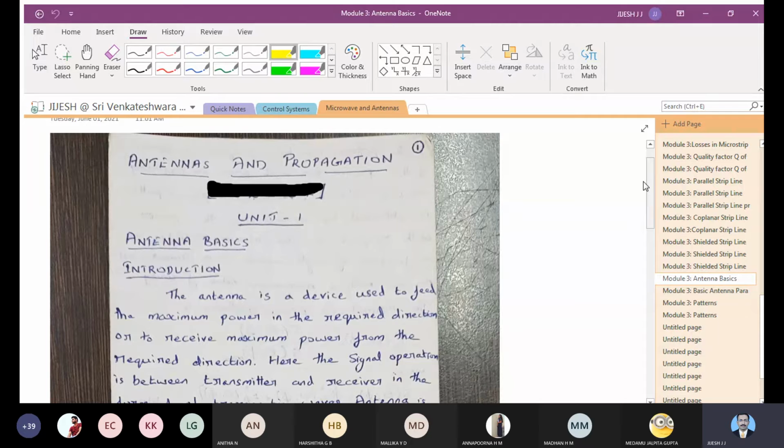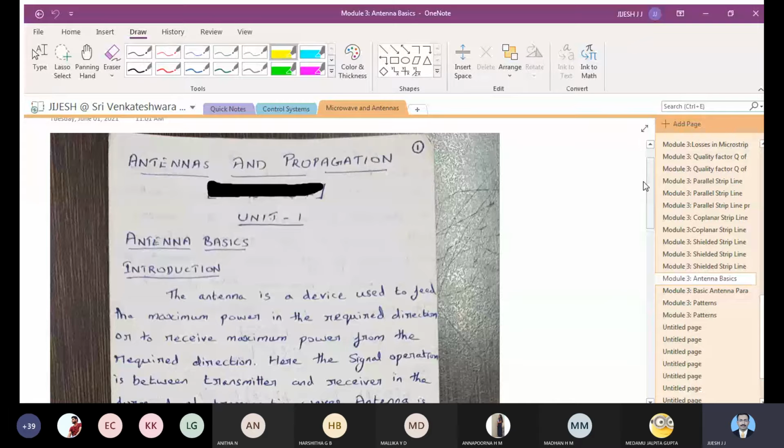So here in antennas, we'll be studying the first portion, that is half of the third module. This half of the module we will be studying the antenna basics. So what is antenna, what is all about antennas, what are the parameters associated with antenna, what do you mean by pattern, what do you mean by gain, what is efficiency, what is directivity, what do you mean by antenna field zones and all those things.